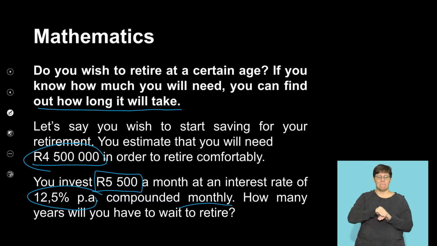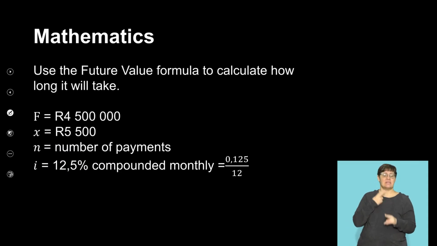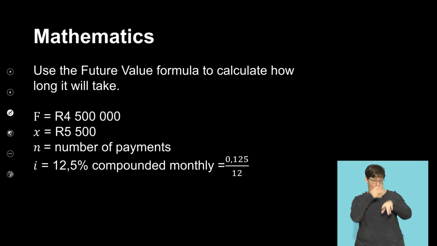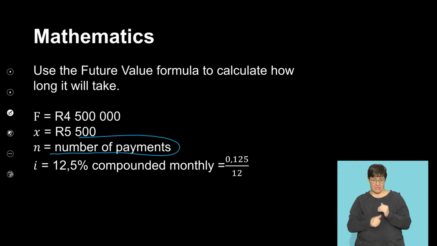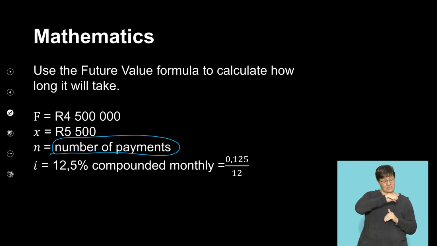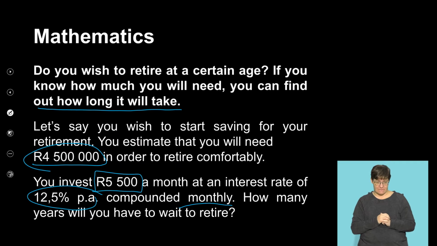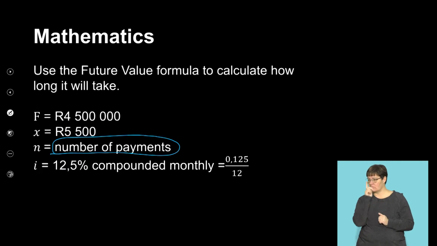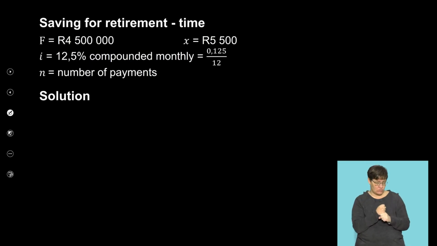How many years will you have to wait in order to retire? So the 4,500,000 is our future value. The X will be the 5,500, N will be the number of payments that I don't know as yet. And then the interest will be 12.5%. So let's just quickly look at it, it says how many years. So we will need to divide it by 12 at the end.